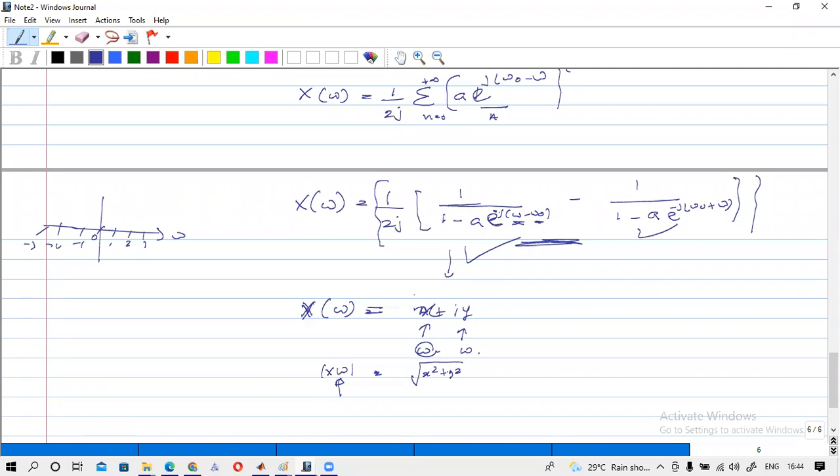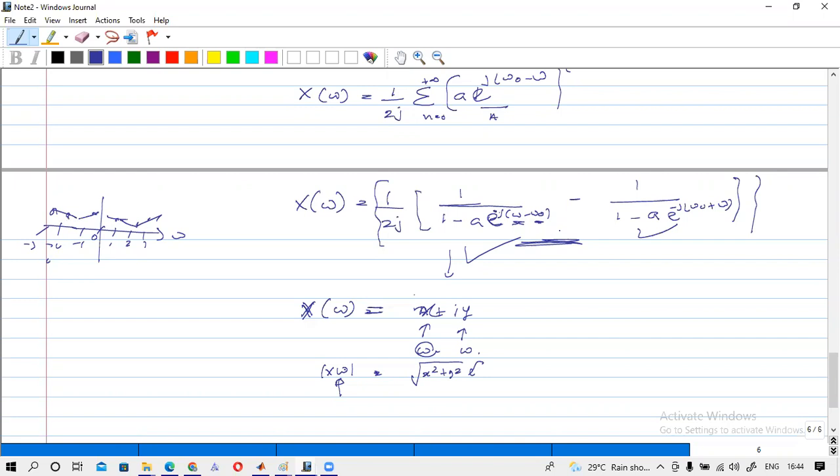So you have to evaluate this value for different omega values, then plot this and mark it. But it is very hard if you are doing it manually. I am not going to do it because it will take a lot of time.